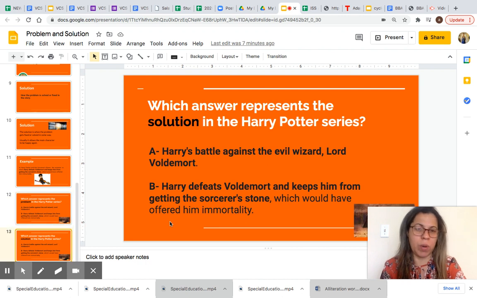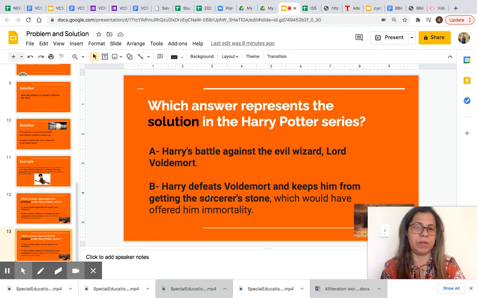Now, we're looking at the same choices, but a different question. Which answer represents the solution in the Harry Potter series? A. Harry's battle against the evil wizard, Lord Voldemort.